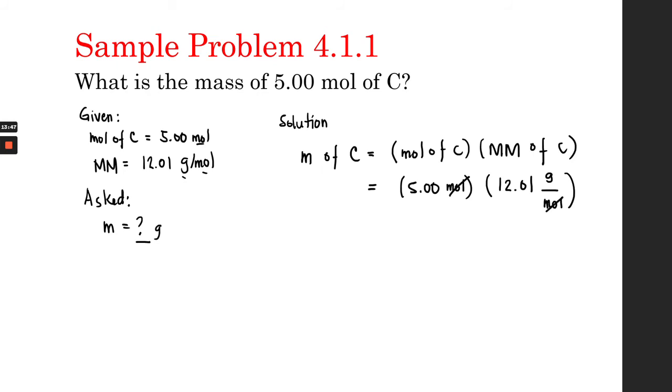What I have left is grams. So 12.01 times 5 is equal to 60.05 grams. So 5 moles of carbon is equal to about 60.05 grams of carbon.